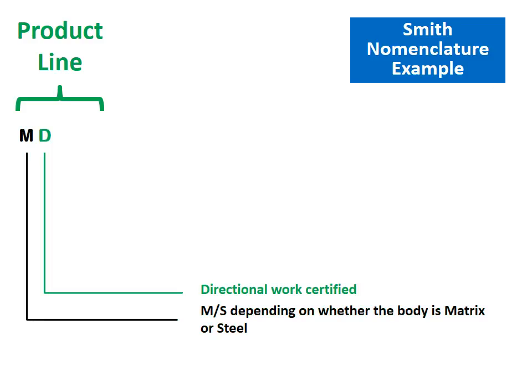In the second position of that string of letters, we will see the letter which represents the application compatibility. For example, we may see D, which means that bit is compatible for directional application.